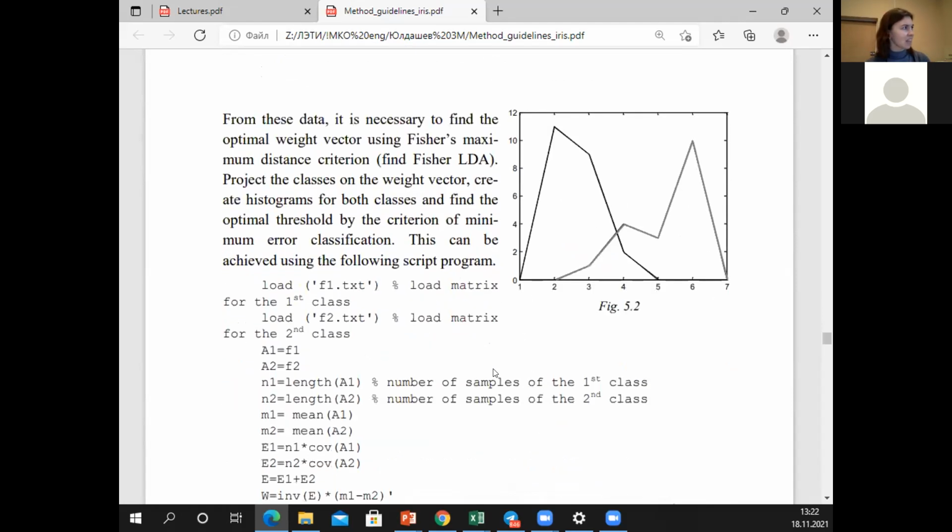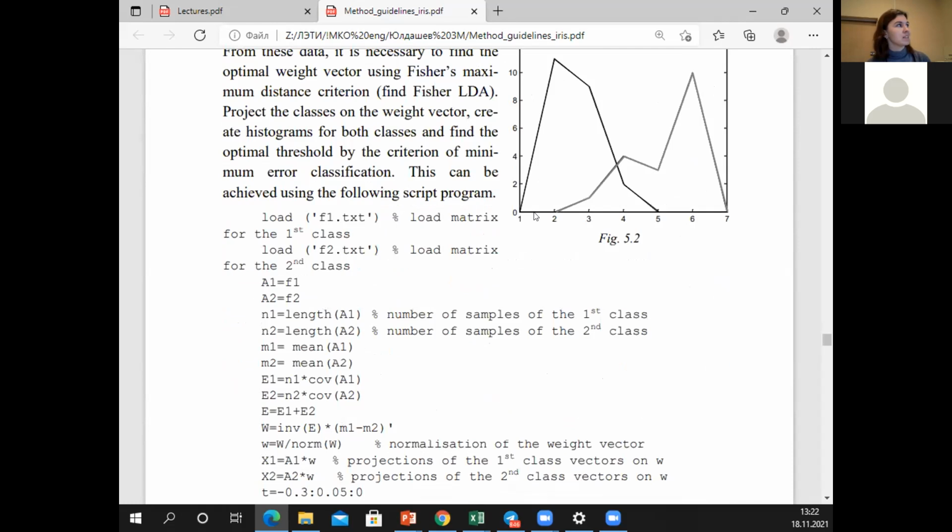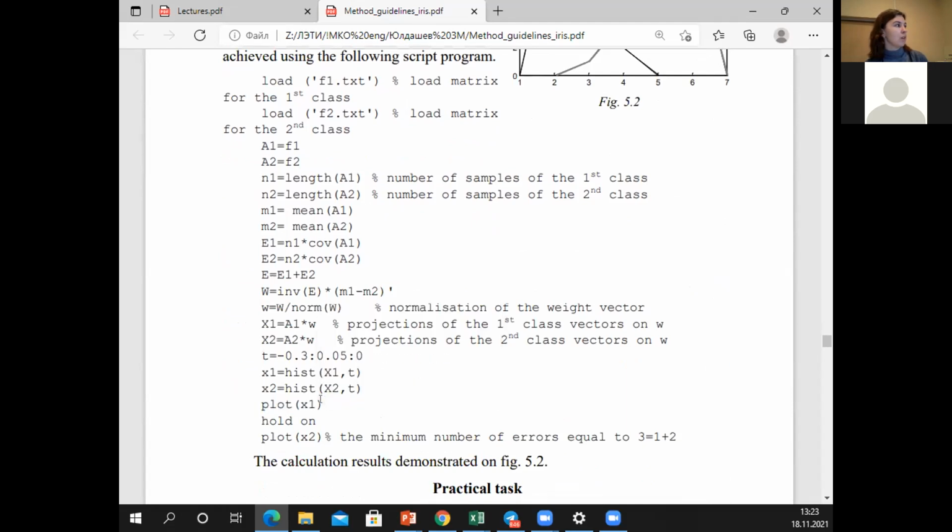An important note: in this example, you may see values 1, 2, 3, 4, 5, 6, 7, which are not values of the projection parameter. Why? Because here you have a plot without T. In your work, you need to include the T value to see the real value of the parameter, because you may see that the range goes to 0, but if you select the threshold equal to 4, it doesn't correspond to the real situation, and you will have a misunderstanding of the data set.